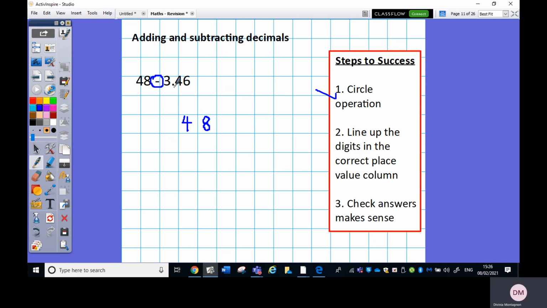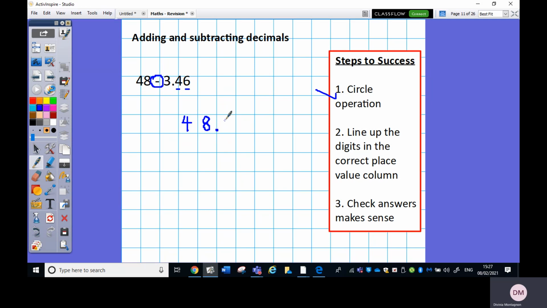We have a decimal here and my 48 doesn't have a decimal. So what I need to do, I know that there are 2 decimal places. So I know that I need 2 decimal places in my number that I'm going to subtract. You must always put a decimal place after the whole number, or the ones.